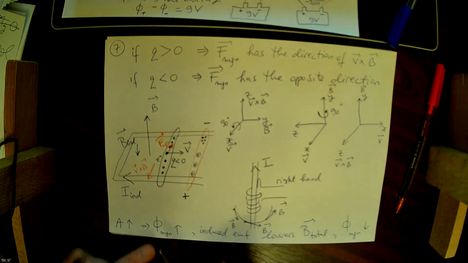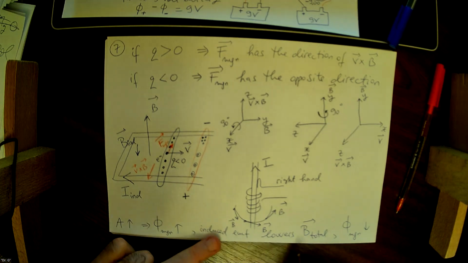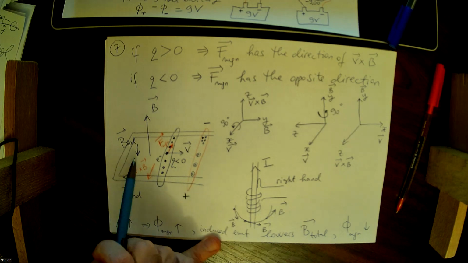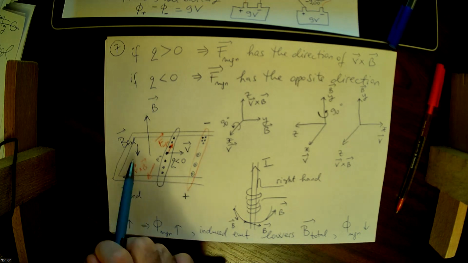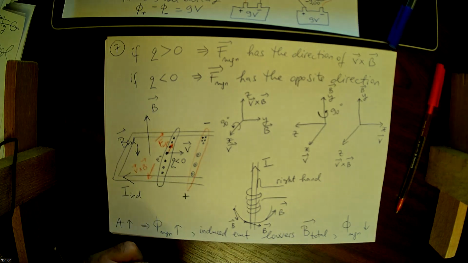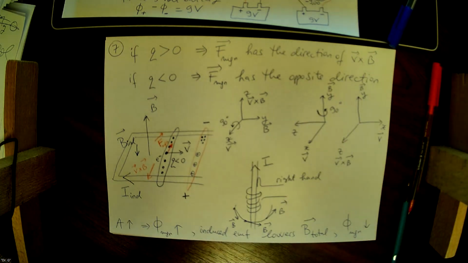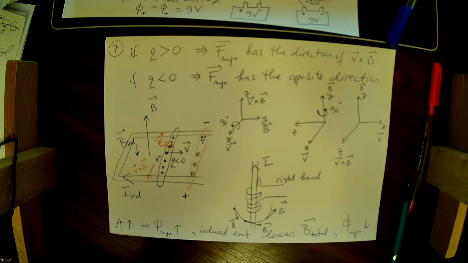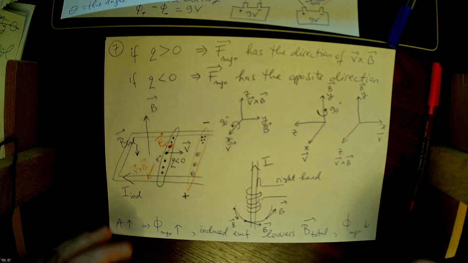So it opposes the change in magnetic flux. And that's what we see. The induced magnetic field lowers the total magnetic field. So that's how we understand Lenz's law. Now let's look at the same problem from the point of view of the magnetic force acting on a wire.